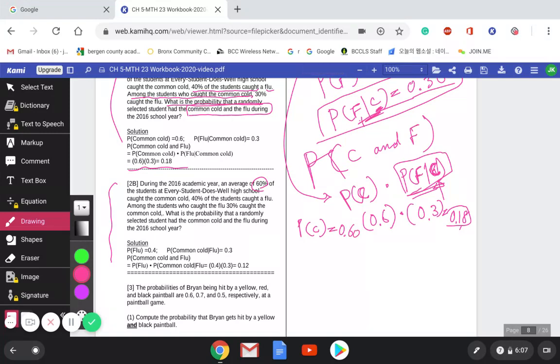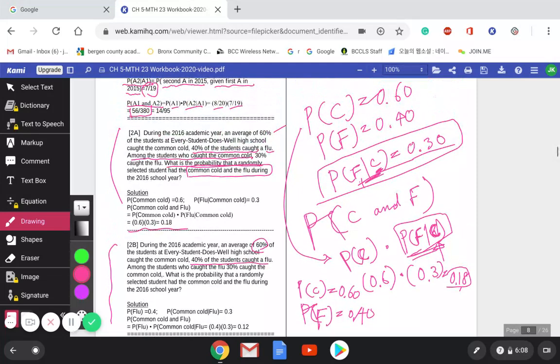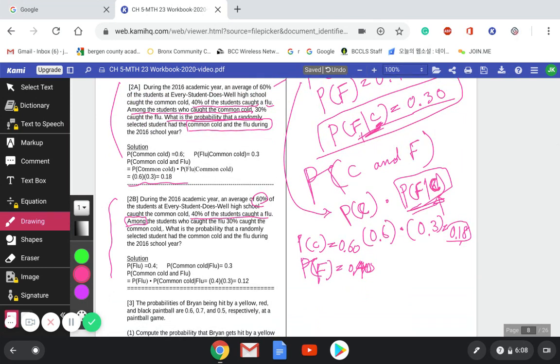So the probability of flu is 40%. So this looks the same as the previous one. Okay, that's good. But here is the different part. Among the students who caught the flu first, 30% caught a common cold second. They didn't say first and second, but that's what they imply.